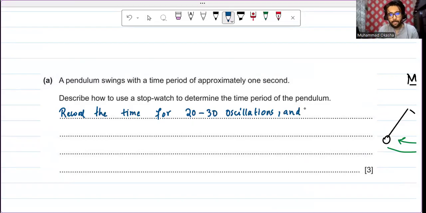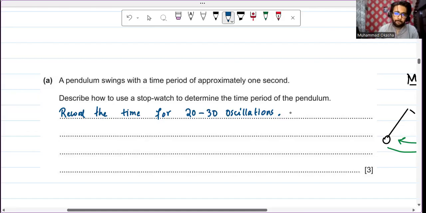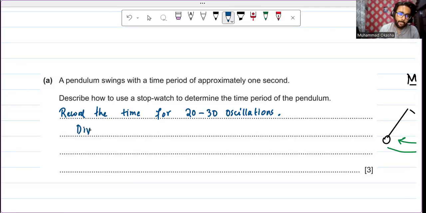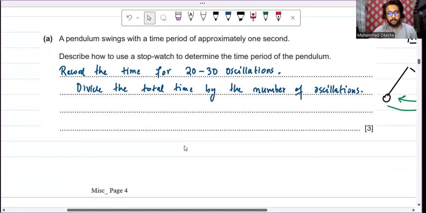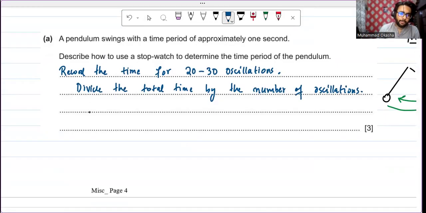And record the time for 20 oscillations and then divide the total time by the number of oscillations. That's it. I think this is a very simple formula, or you can write the formula if you want.